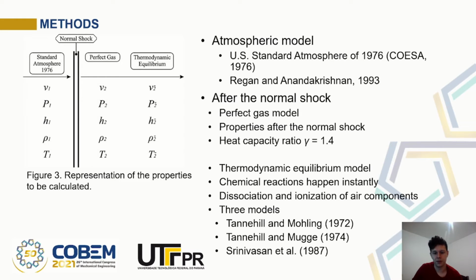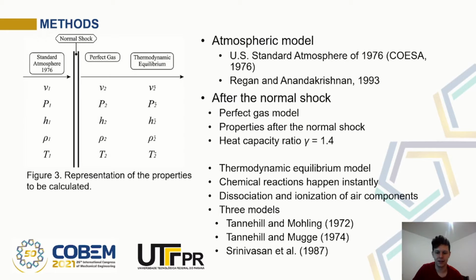And to do this, we need to start looking at thermodynamic equilibrium models, which consist of using tabulated data and polynomial correlations. These models consider that chemical reactions happen instantly, and over the years, one way of obtaining the air properties at high temperature suffered three great modifications.